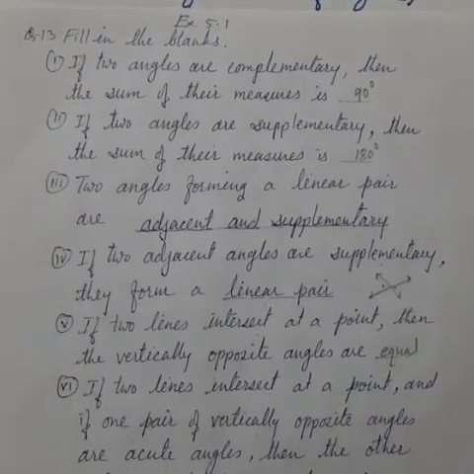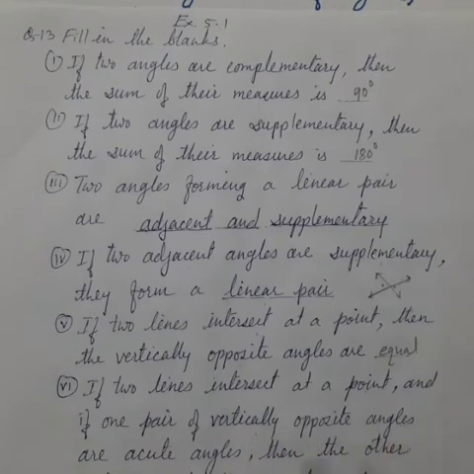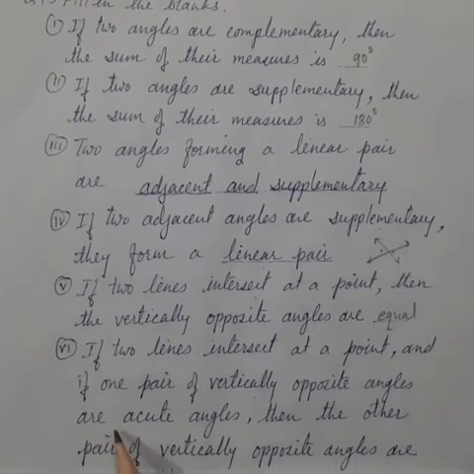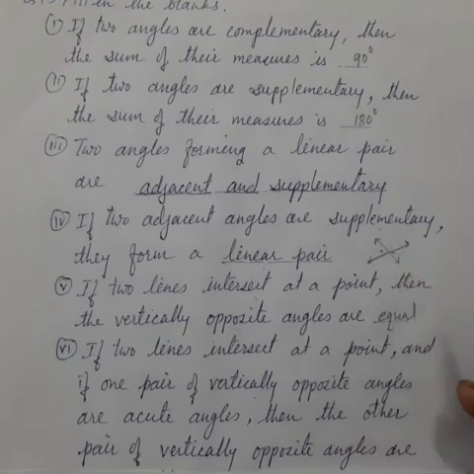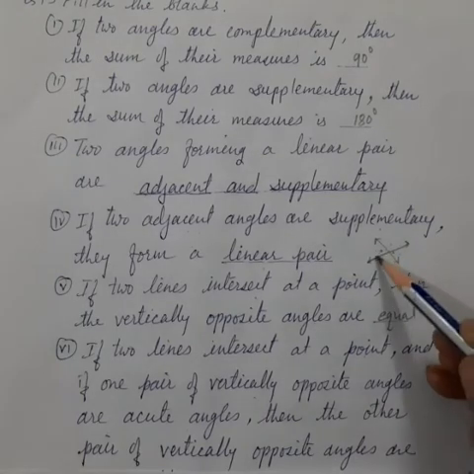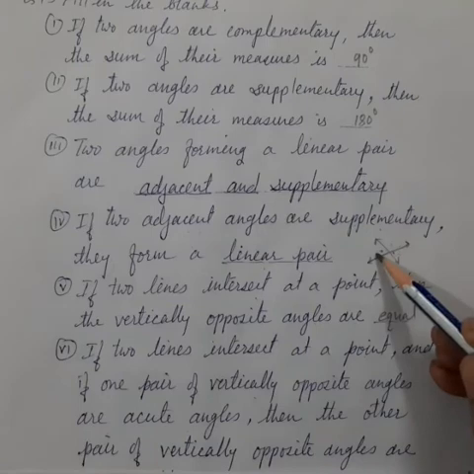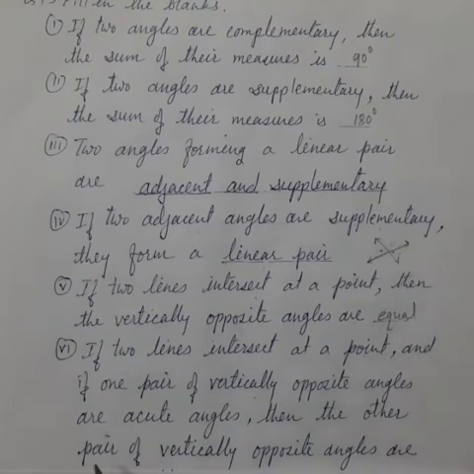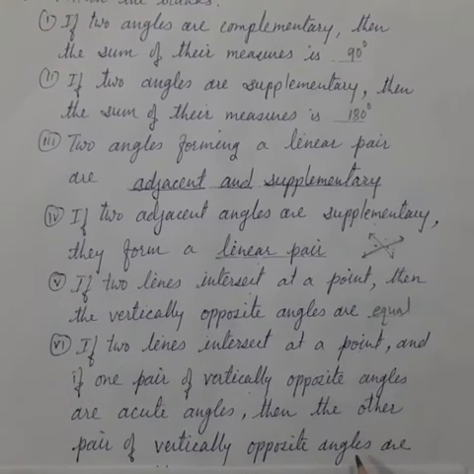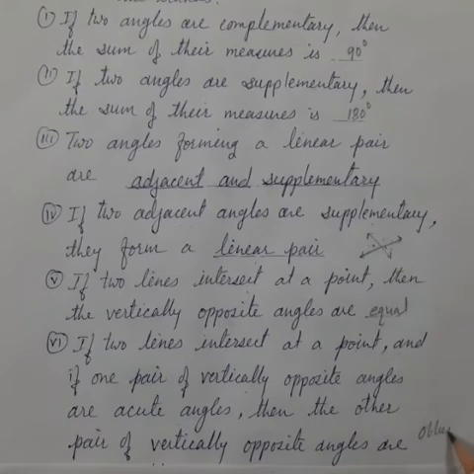If two lines intersect at a point and one pair of vertically opposite angles are acute angles, obviously the other pair will be obtuse angles because the sum is 180 degrees. Acute means less than 90, so the other will be greater than 90. So the other pair of vertically opposite angles will be obtuse angles.